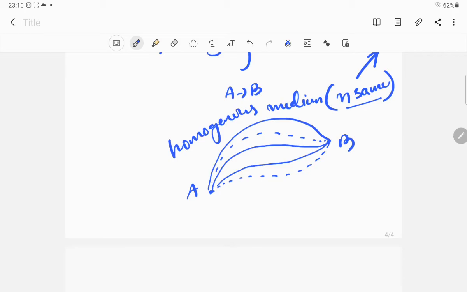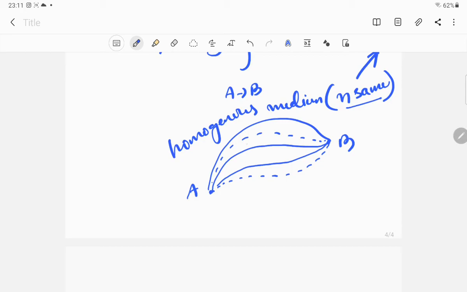So the rays will always be straight lines. When the medium is not changing, there is no point of changing the direction of the light, isn't it? A straight line corresponds to the minimum value of the optical path connecting the two points.